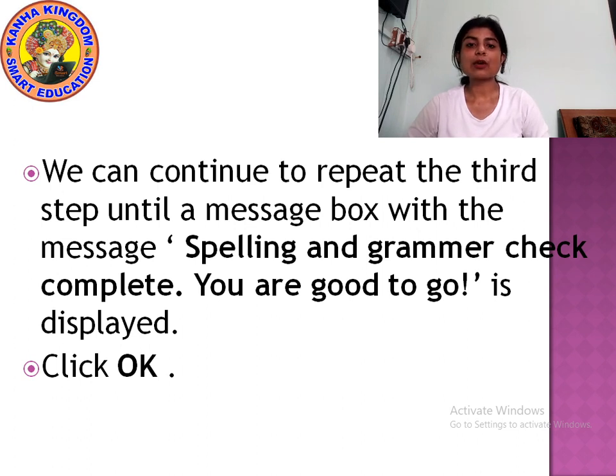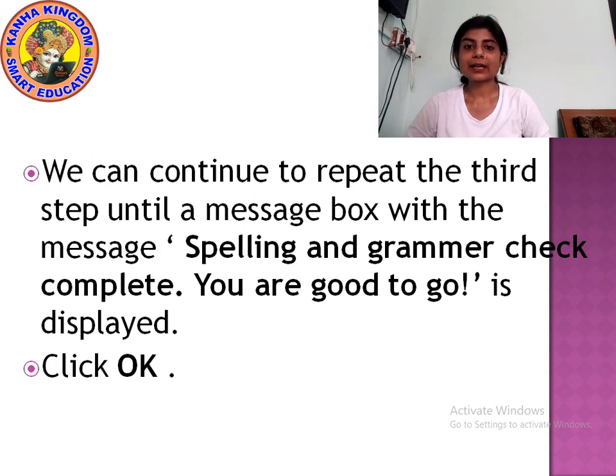You can only change the spelling or grammar in your document if you feel it is wrong. Otherwise, some spellings are not recognized by the computer dictionary. Not all words are recognized by the computer dictionary. So if you want to keep that word as it is, you can click on ignore or ignore all.